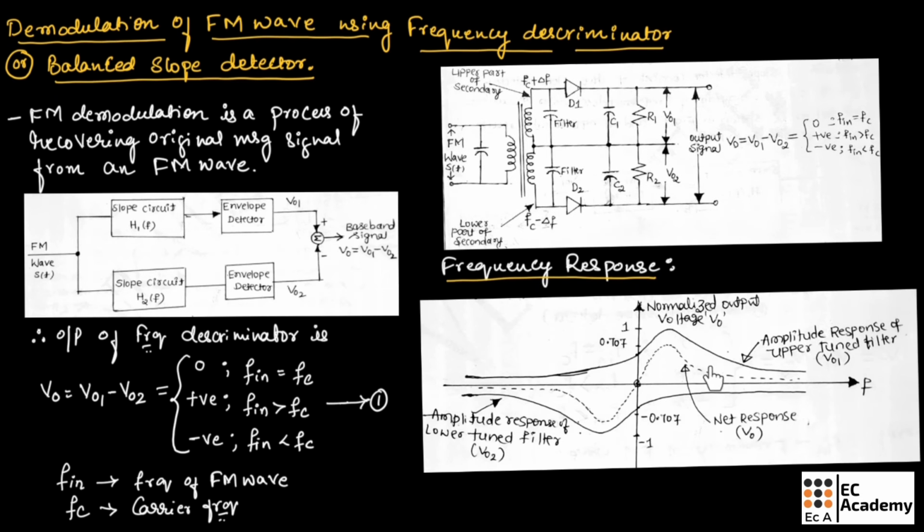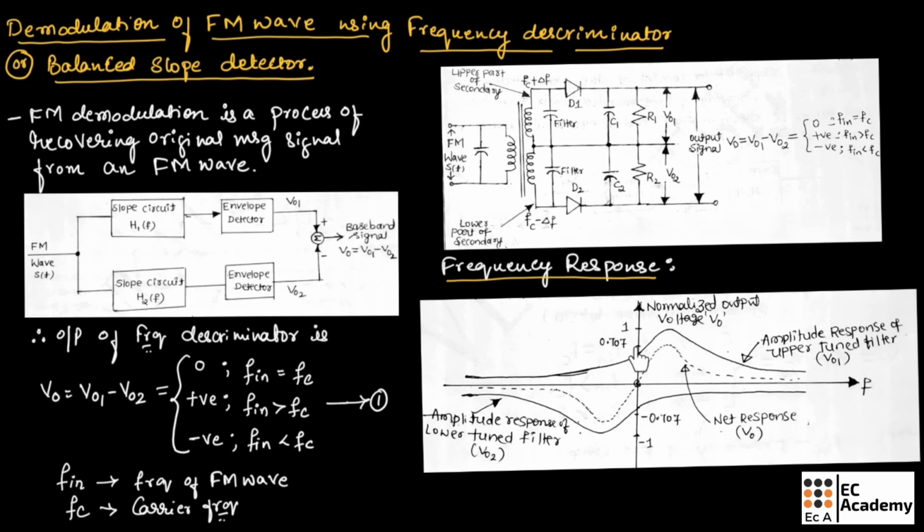This is the response of the frequency discriminator or balanced slope detector circuit. This is the amplitude response of the upper tuned filter, which is the upper side of the secondary of the transformer, and this is the amplitude response of the lower tuned filter, which is the lower side of the secondary of the transformer.